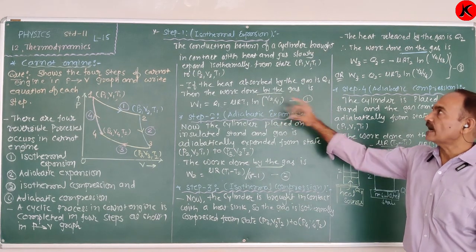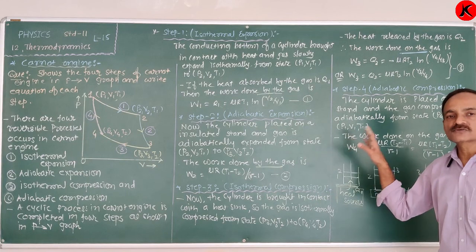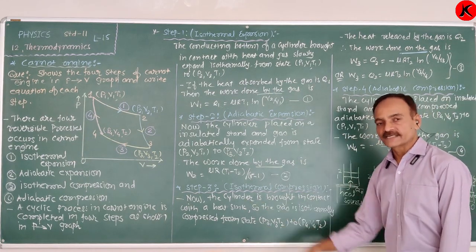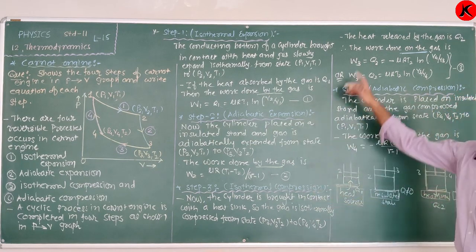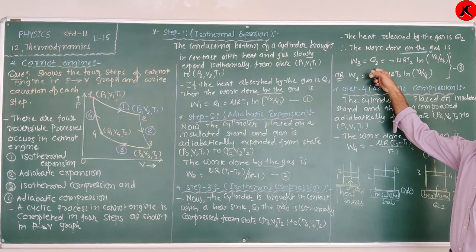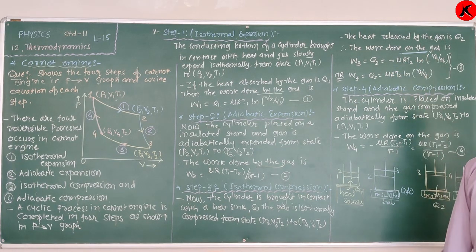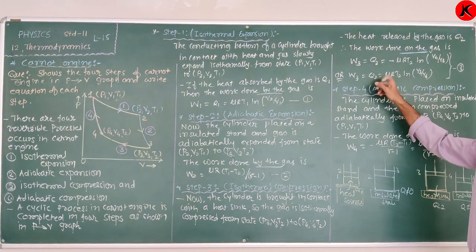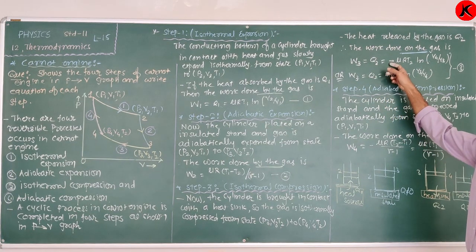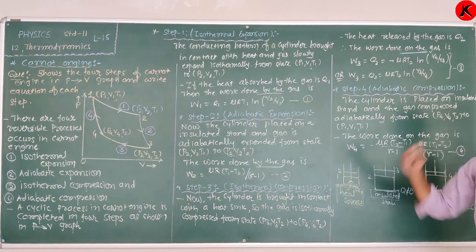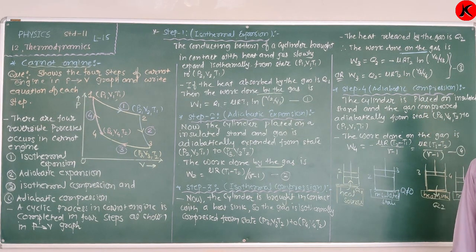So, the first two steps are expansion. Now, the next two steps are compression. First, the isothermal compression, step 3. The work done W3 is equal to the exchange of heat Q2, which is equal to minus mu R T2 ln V4 upon V3. This is also written as W3 is equal to Q2, equal to positive mu R T2 ln V3 upon V4. And step 4 is the adiabatic compression.